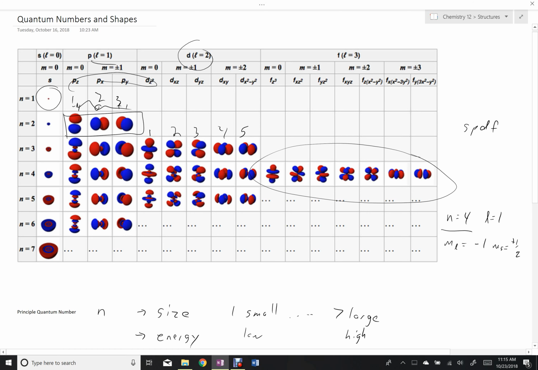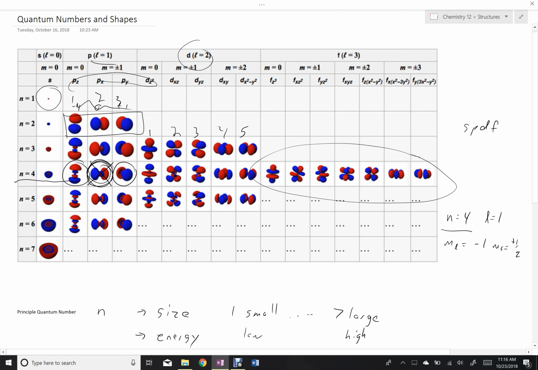So n equals 4 tells me that I'm in this row. l tells me that I'm dealing with one of these 3. -1 tells me which one, so let's make it this one. And the +1/2 tells me that it's one of the 2 electrons that could possibly be in this orbital. So that's how we use quantum numbers to specify locations.